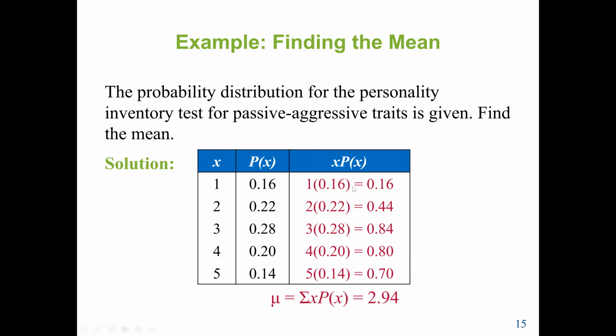So first we multiply each score with its probability, then we add all. That means the mean equals the sum of X times the probability P at X, and it will be 2.94. After we multiply each, we sum everything: 2.94.